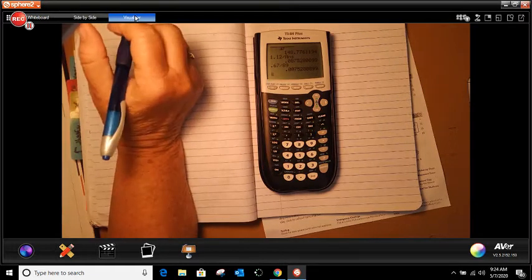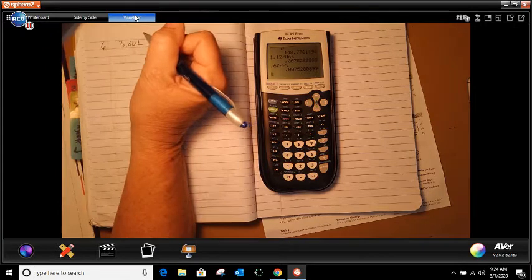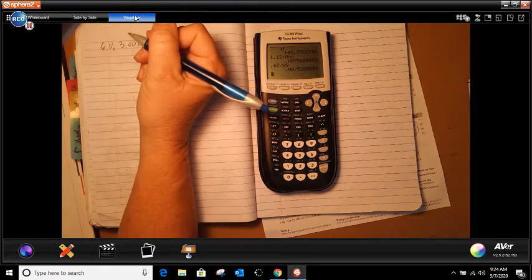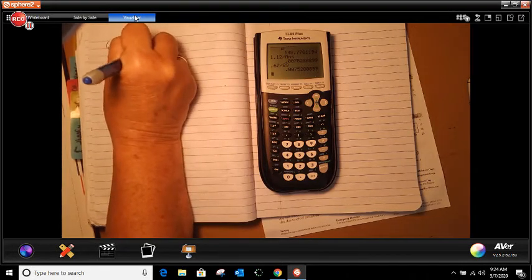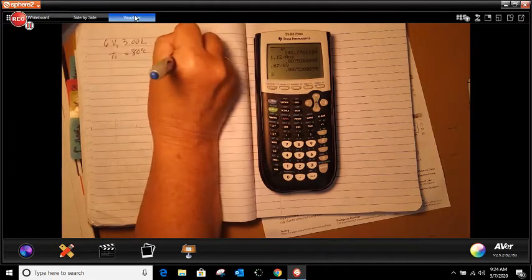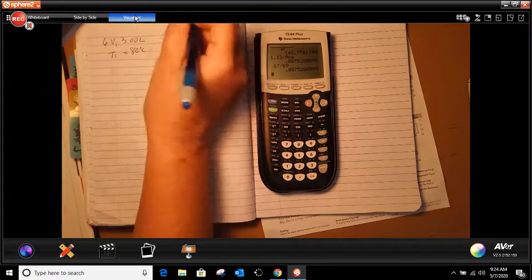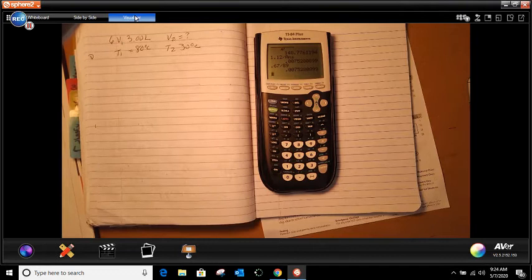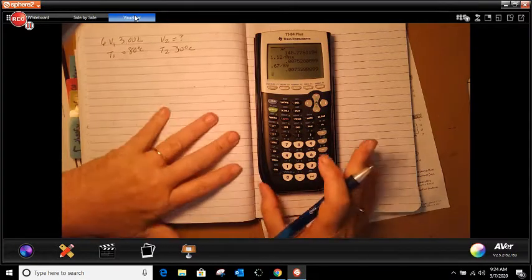The Celsius temperature of a 3.00 liter sample of gas, that's my volume 1, is lowered from temperature 1, which is 80 degrees Celsius, to 30 degrees Celsius, that's my temperature 2. What is the resulting volume? So my volume 2 is what I'm looking for. Listen, you always have to read the problem, write out your variables, and check it. Okay? So now I've done that.